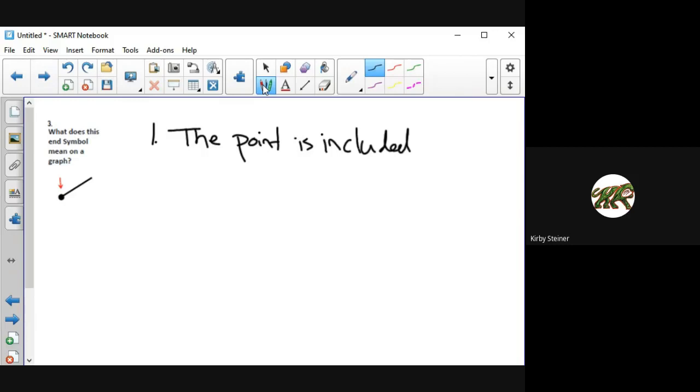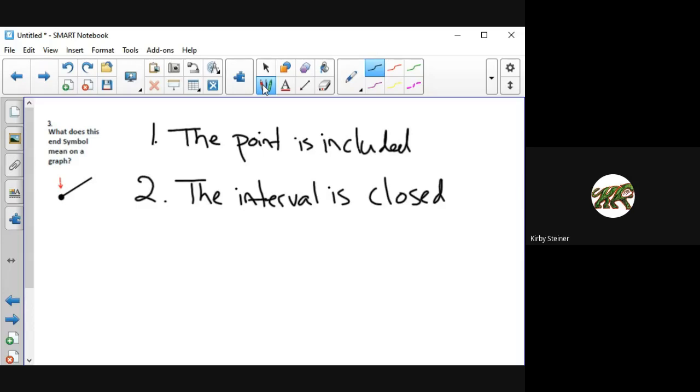The second takeaway from this symbol is that the interval that goes to this line segment or to this function is going to be a closed interval when we see that the dot is filled in.